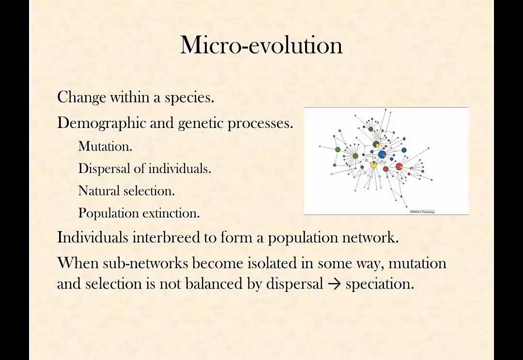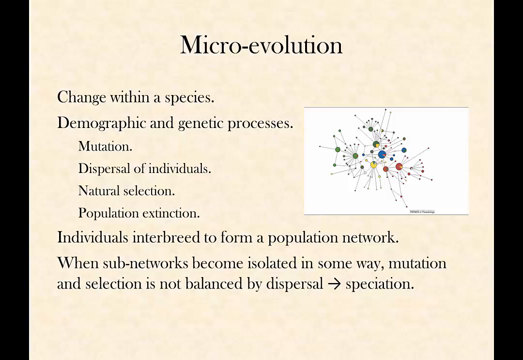In microevolution, individuals, think of humans, interbreed to form a population network. So it's not a tree structure. When you get individuals all mating together, you get a population network, a reticulate network of relationships between individuals.